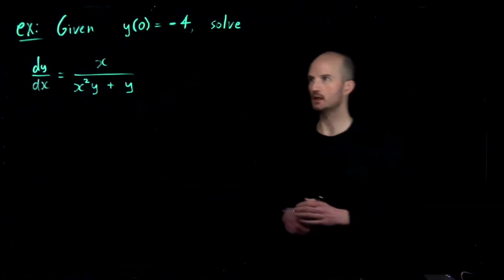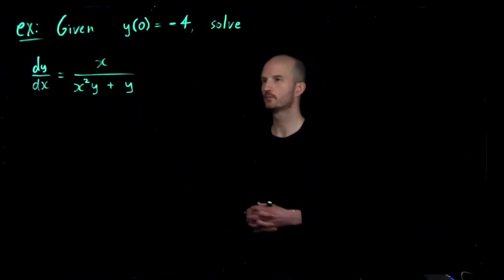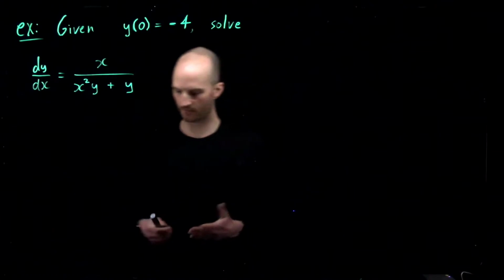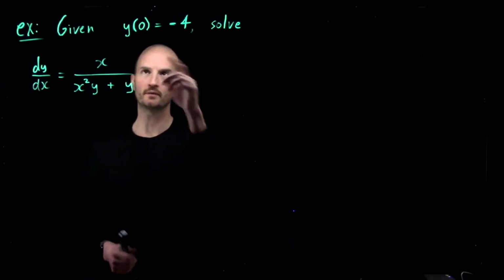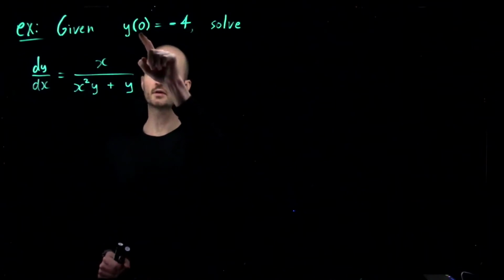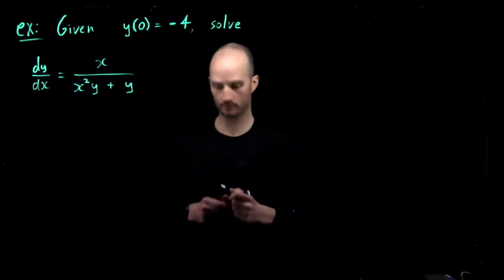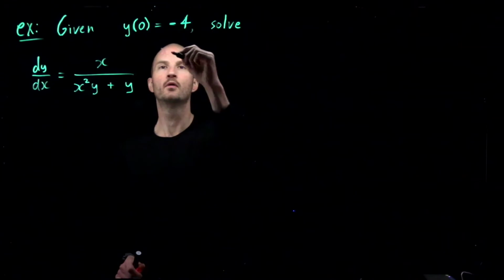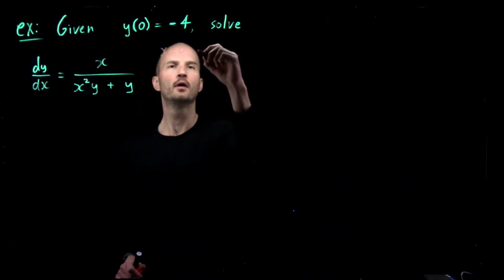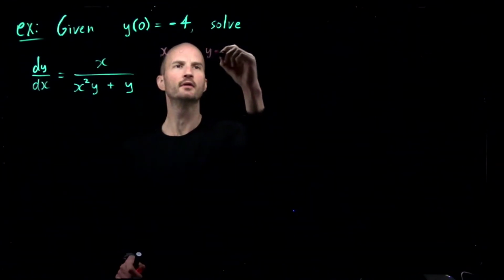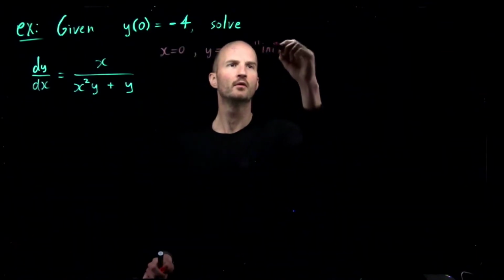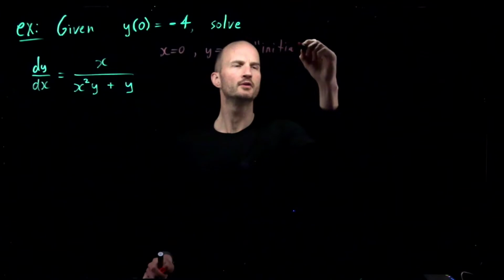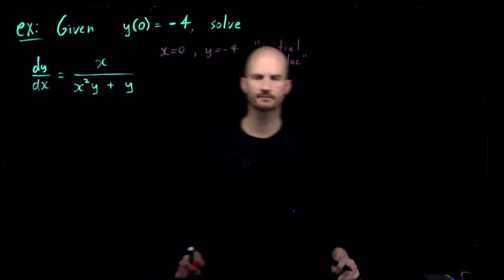This is what's called an initial value problem. So we have an initial value. When x is 0, y is -4. So this is the initial value or initial conditions.